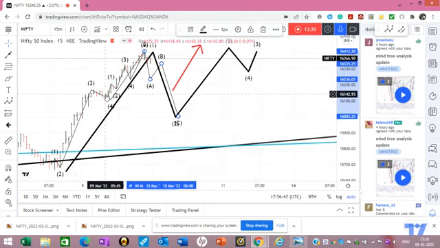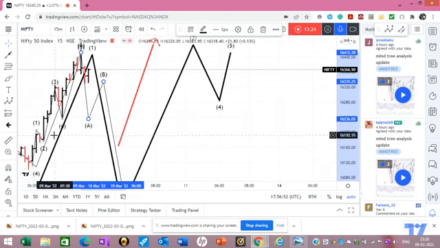Because every time you have a 5 wave move up, it has to be corrected. Every time. If you see the minor waves like 1, 2, 3, 4, and 5, then you have a correction.